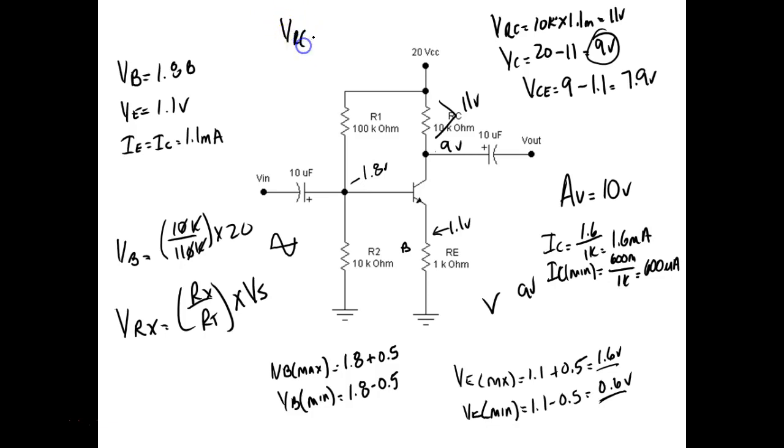So VRC max should be equal to 10K times 1.6 milliamps, which would give us what? Would give us 16 volts, right? Okay.